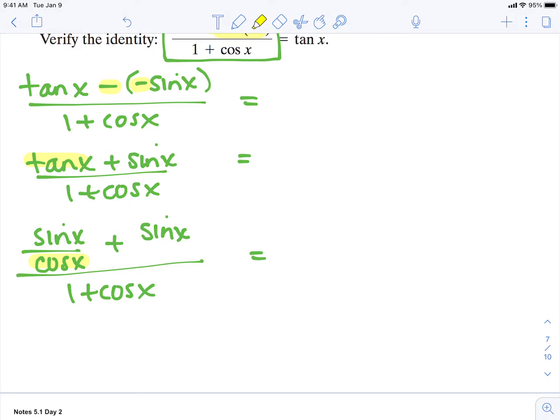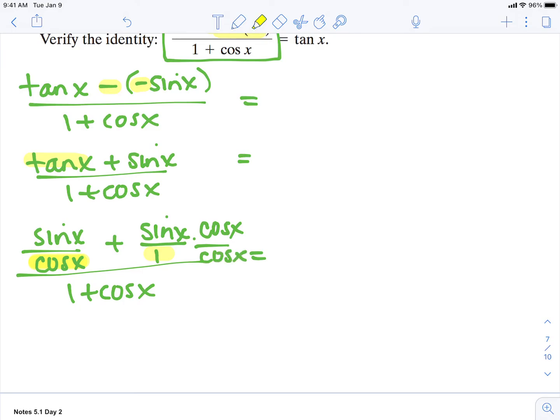It doesn't look like it's a fraction right now, so we're going to put a 1 in the denominator. Now we need to find the LCD of those two denominators. So right now I have a cosine of x and a 1, and I want them to be the same. So we want to find the LCD. So we're going to multiply by the cosine of x here and the cosine of x there.